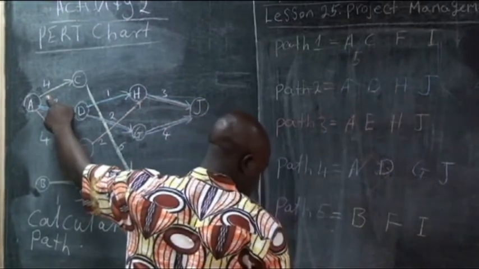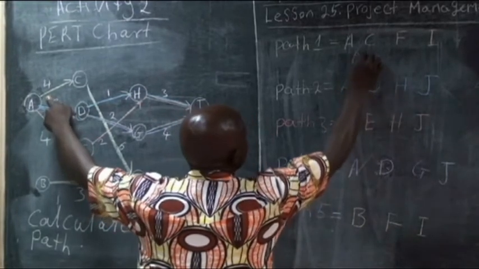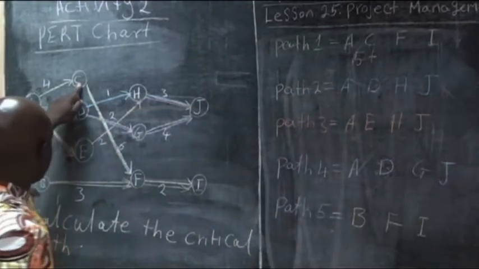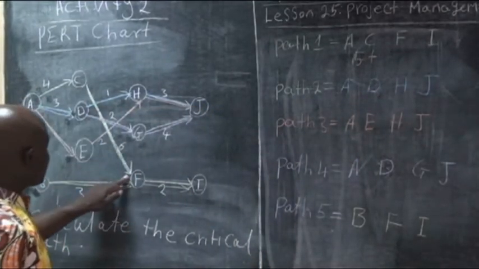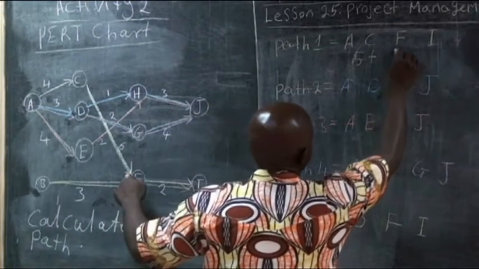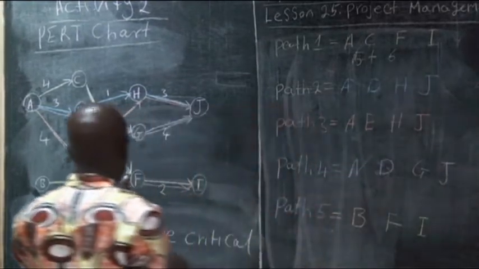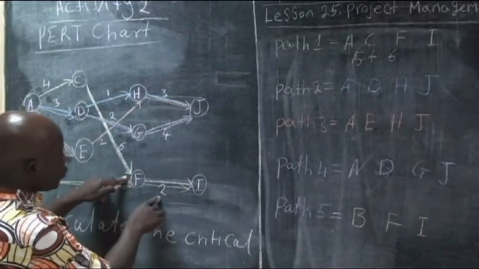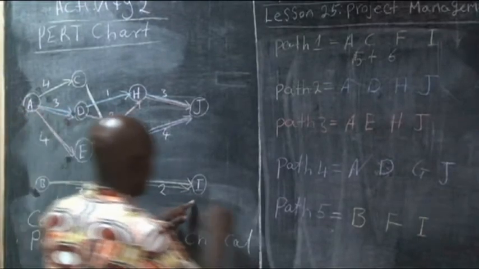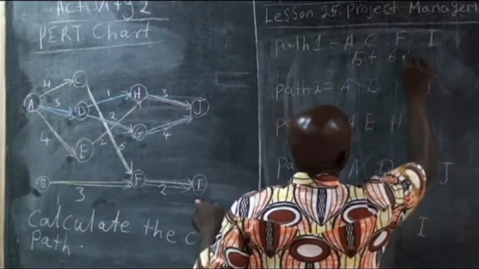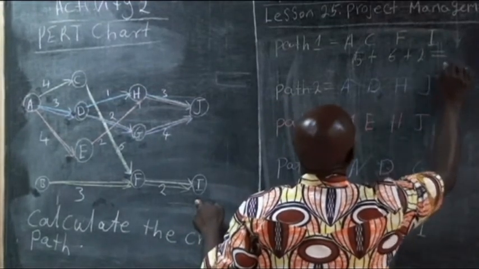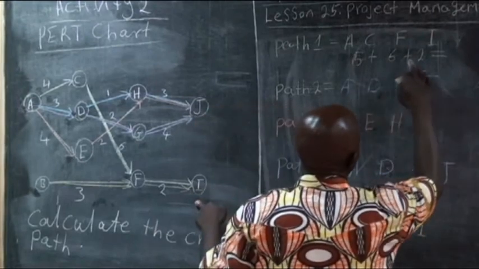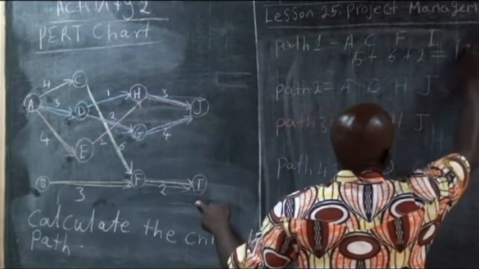So we'll sum 5 plus C to F, which is 6, plus F to I, which is 2, to obtain 5 plus 6, 11 plus 2, 13.